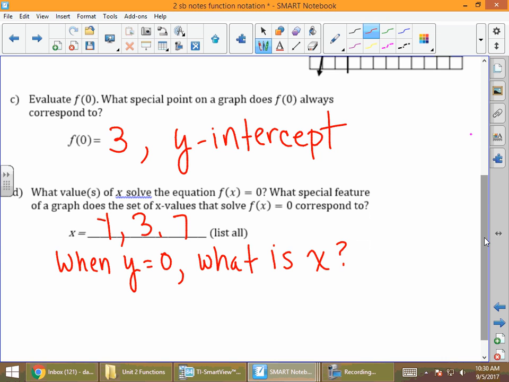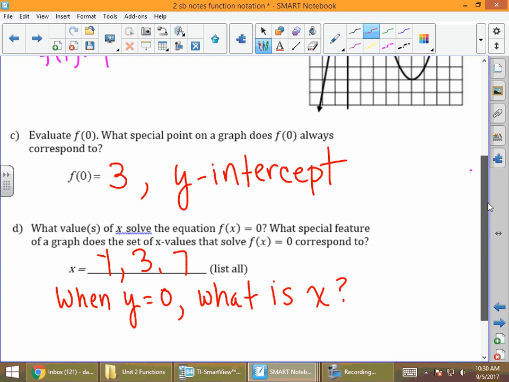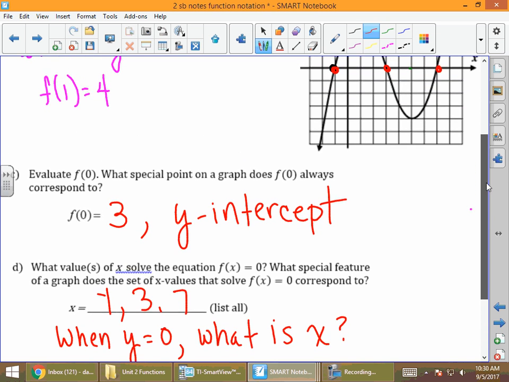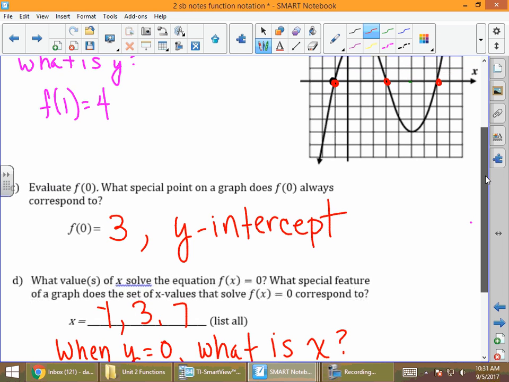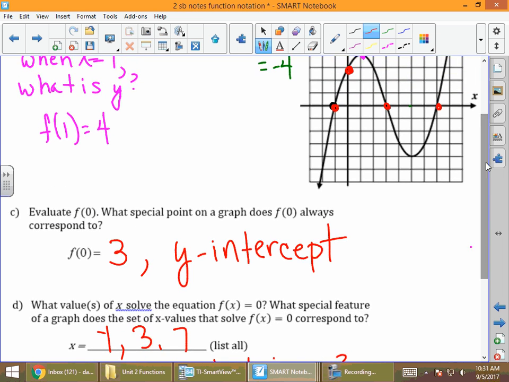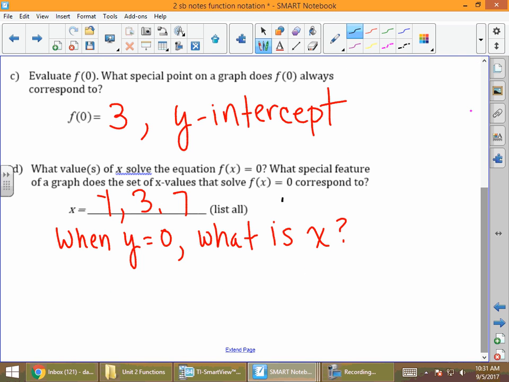And if you compare this back to what we were just doing a moment ago on part C, we said, what special point on the graph does this correspond to? Same kind of thing here. What special points do these correspond to? Well, these are x-intercepts.